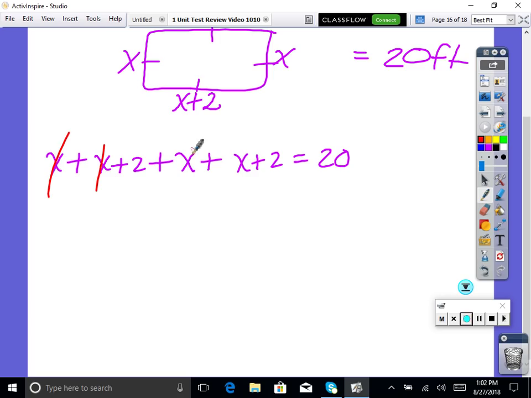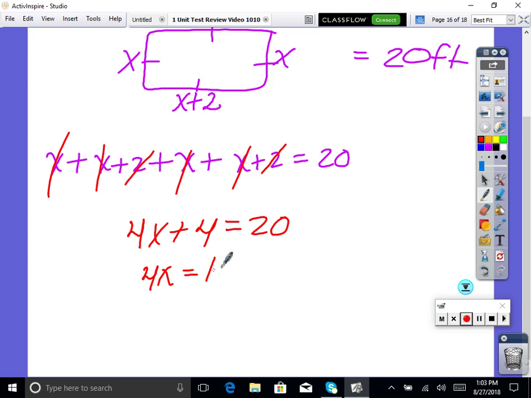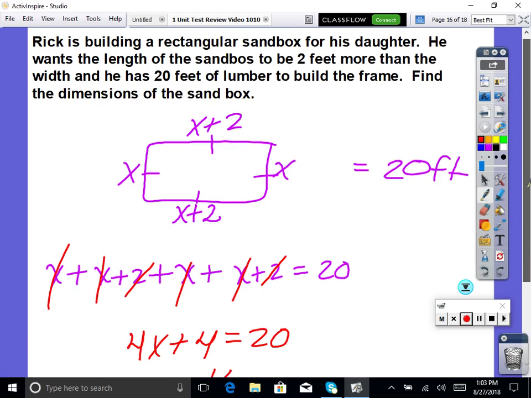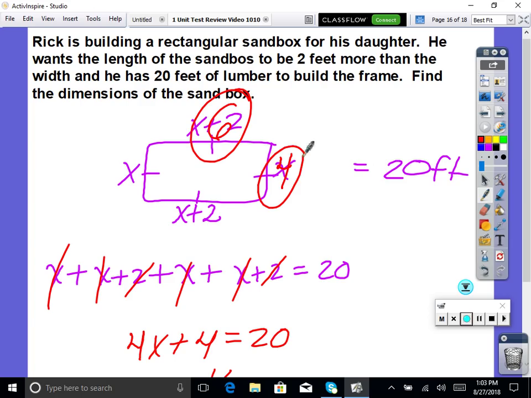So 1, 2, 3, 4 x's plus 4 equals 20. Subtract 4. 4x is equal to 16. Divide by 4. So x is equal to 4. That means, go back up, the width is 4. So then 4 plus 2 is 6. So you would say the dimensions are the width is 4. The length must be 6. And that will give us a perimeter of the rectangular box of 20.